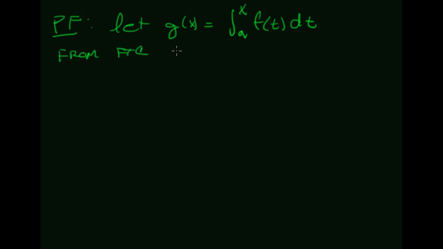So here's my proof of the theorem. Again, we're going to let g of x be the integral function from a to x of f of t dt. From FTC, Fundamental Theorem of Calculus, Part 1, we get that g prime of x has to be equal to f of x, right?